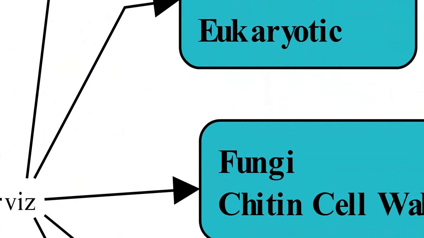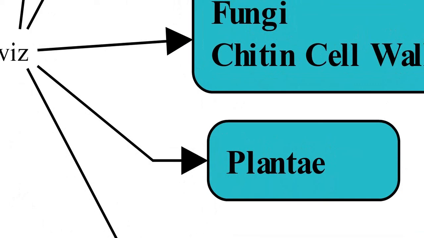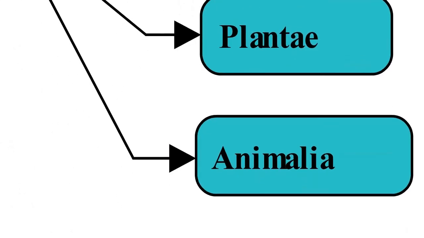Still, under the Fungi, a limited number of unicellular organisms are also present. All these unicellular fungi are placed under the group called yeast. Then under the plant kingdom, he placed all multicellular eukaryotic photosynthetic organisms, and under the Animalia, he placed eukaryotic multicellular heterotrophic organisms.